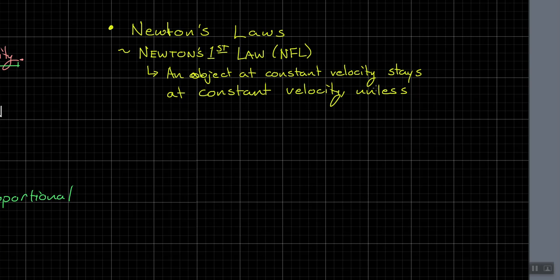And to create a change in velocity, you have to apply something to it. A force. An object at constant velocity stays at constant velocity unless acted on by an unbalanced force. Okay, that is Newton's first law.